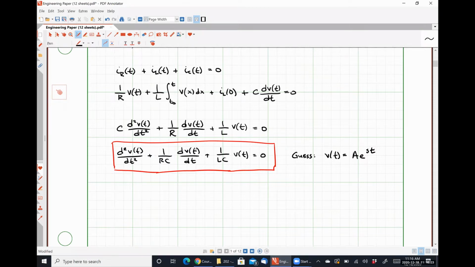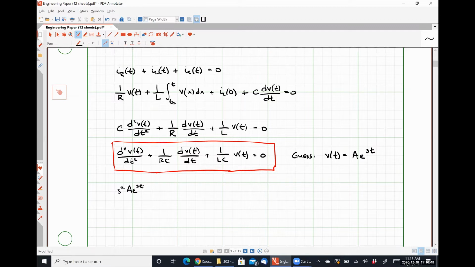Based on my experience with these types of circuits, when I plug this guess value in, the second derivative of A e to the st is going to be s squared A e to the st. Is that correct? Let's make sure I'm doing my calculus right.